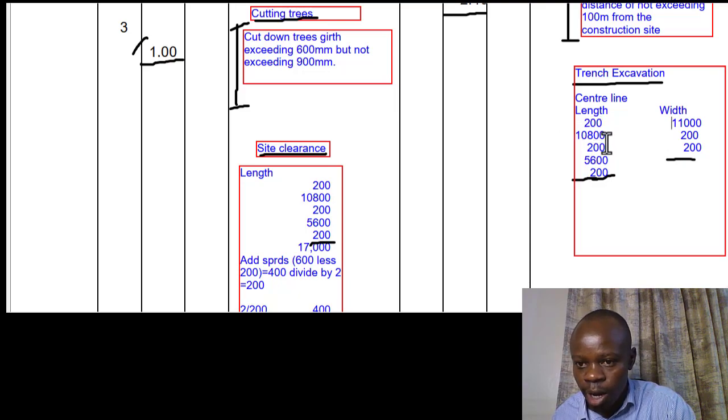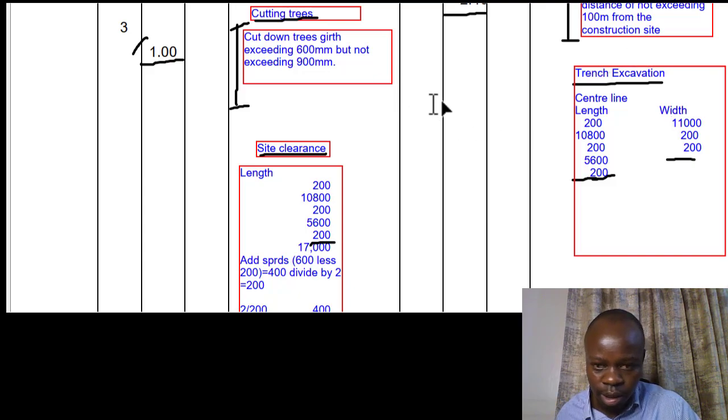So this is 11,200 plus 5,600, plus 200 plus 10,800 plus 200 plus 5,600, and that gives us 17,000 for the length.